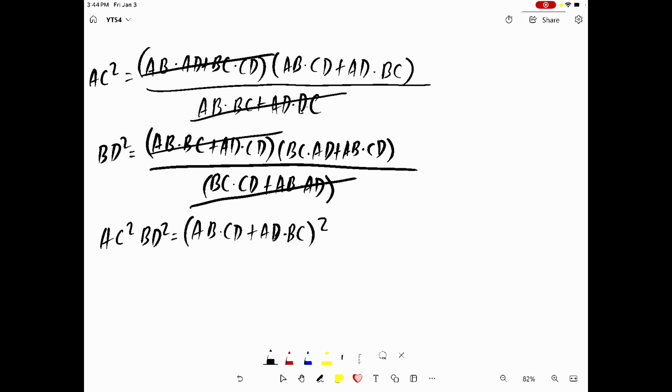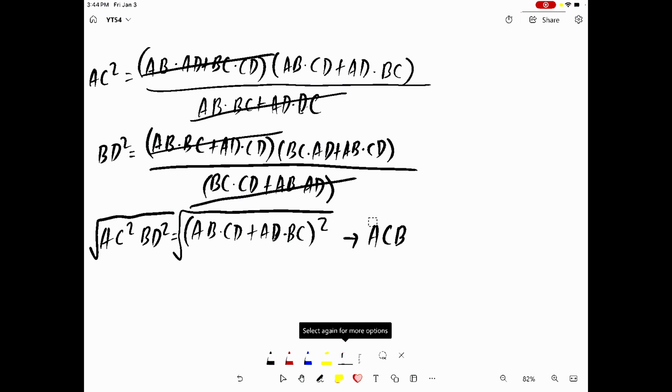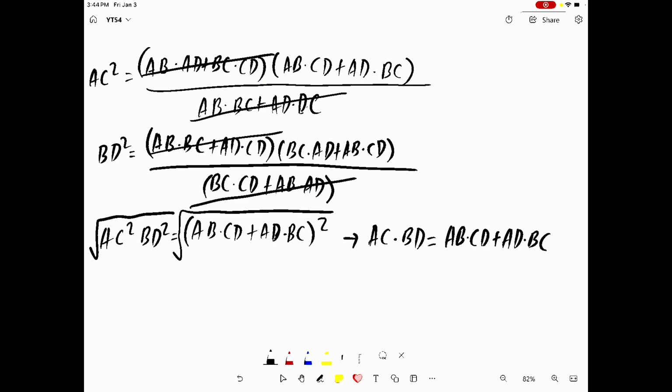So all we have to do is take the square root of both sides, and we're going to get AC times BD is equal to AB times CD plus AD times BC. And that right there is Ptolemy's theorem, completely proved using algebraic manipulation and the law of cosines.